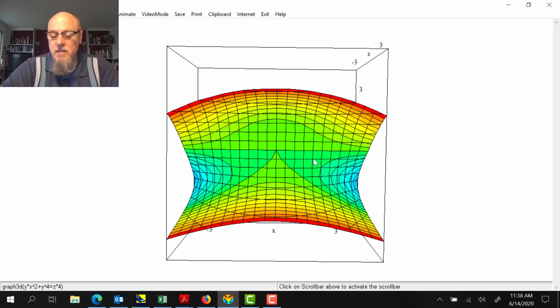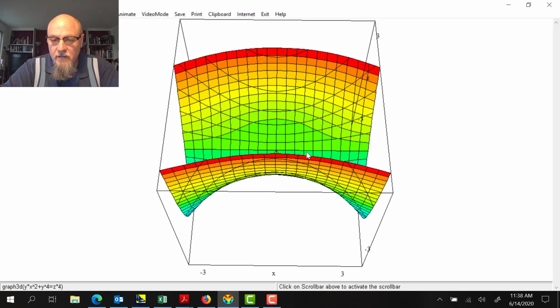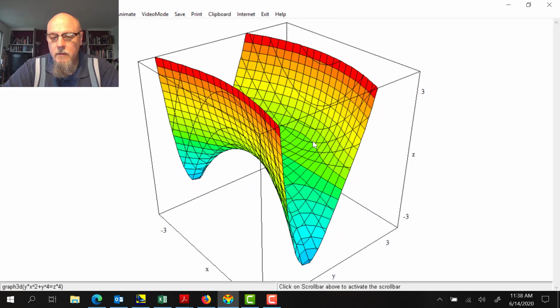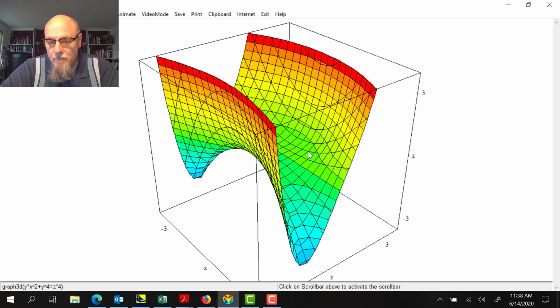There would be a direction that would point me straight up in the steepest way up. So let's see here. If I was standing at that point, maybe straight up would point me this way. I should go in this direction.